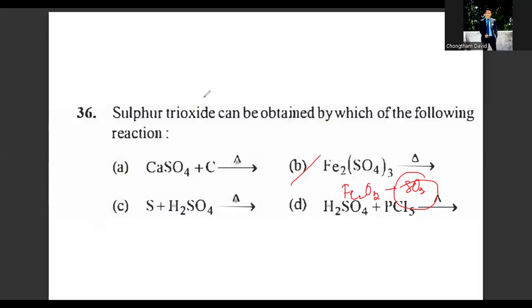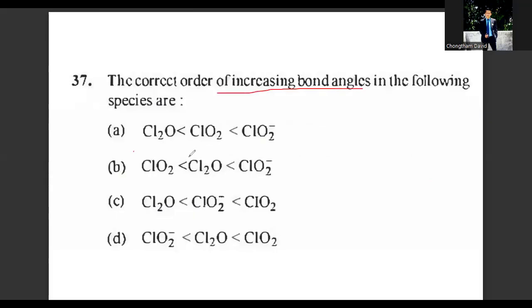The correct order of increasing bond angles in the following species is. Let us write the structure for Cl2O. You should always remember that writing the Lewis structure is very important.